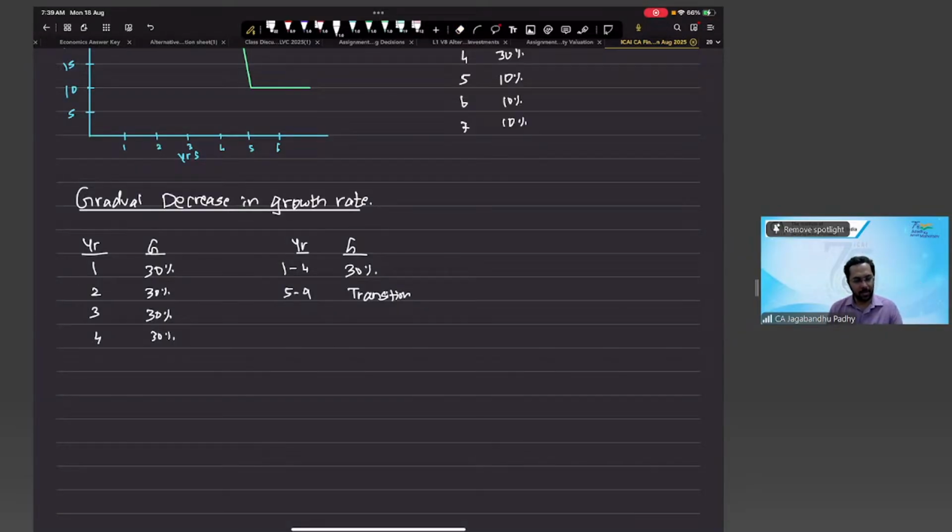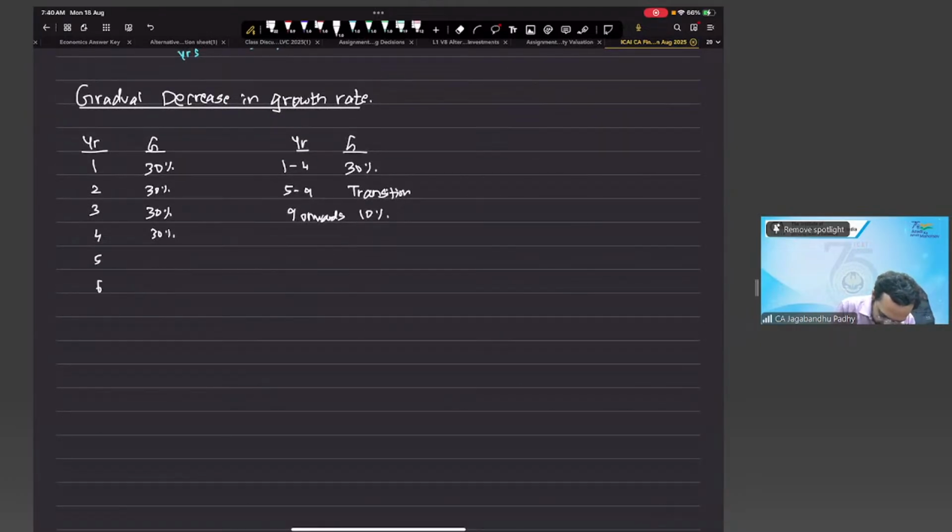Then from year 9 onwards, it's going to be 10%. So there has to be a gradual fall, like year 9 it's going to be 10%, and beyond that it's going to remain 10%. So the gradual fall has to be from 30 to 10 over this time frame.